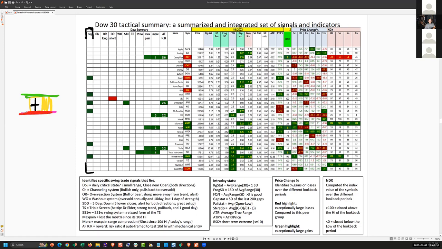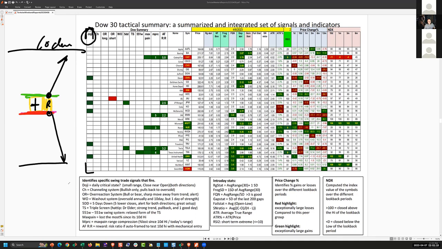So a doji is always a sign to me that it is pausing, and now I'm going to have the smallest R against a potential long or short back to the 10-day high, for example, or to the previous support. So all other things being equal, I like dojis.